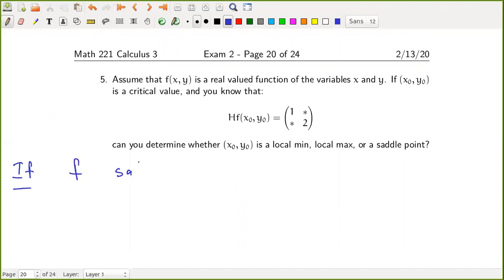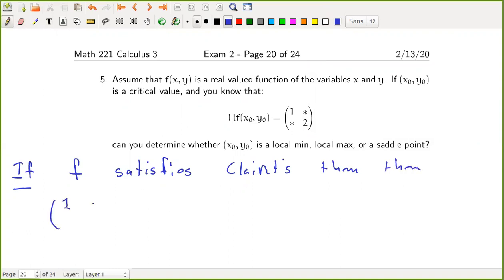f satisfies Clairaut's theorem, so let's just think about it this way. If f satisfies Clairaut's theorem, then we can write this.